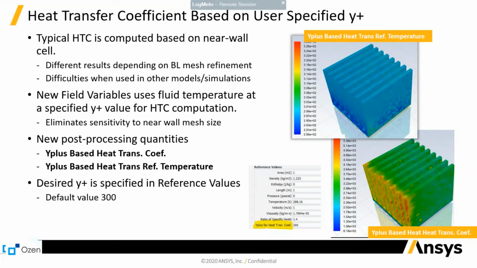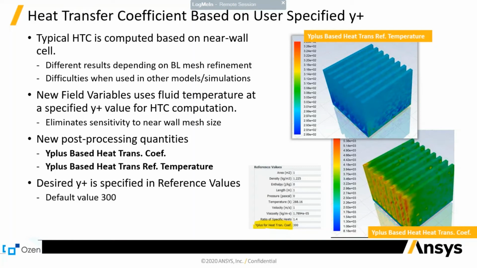The other thing which has been taken care of is the heat transfer coefficients based on the Y plus value. As you know, when you want to have convection on a surface, it's mostly calculated by the first boundary layer or prism layer. And as your prism layer changes at different locations on a surface, the result will be sensitive to that. So to improve that, instead of just calculating the results on the first layer, you go all the way up to the edge of the boundary layer, which would be roughly a Y plus of 300.